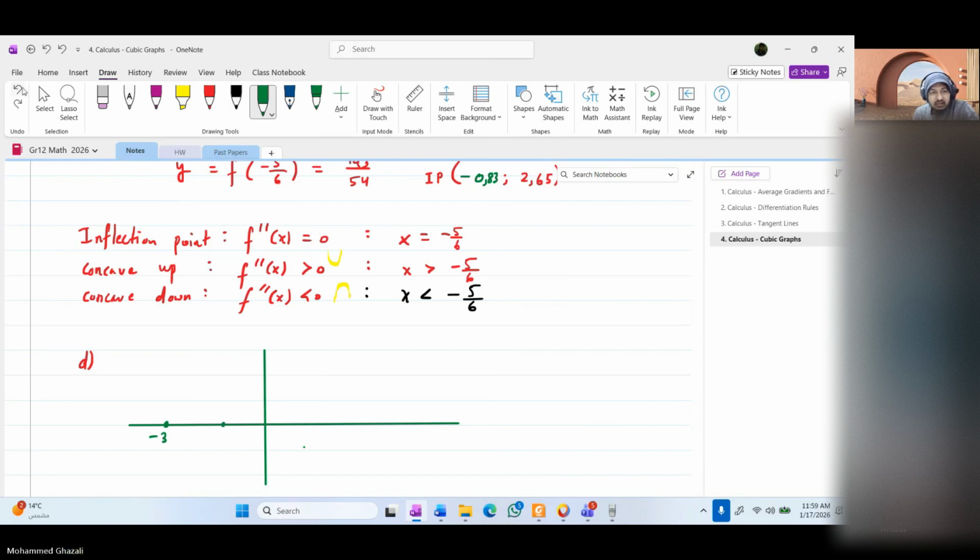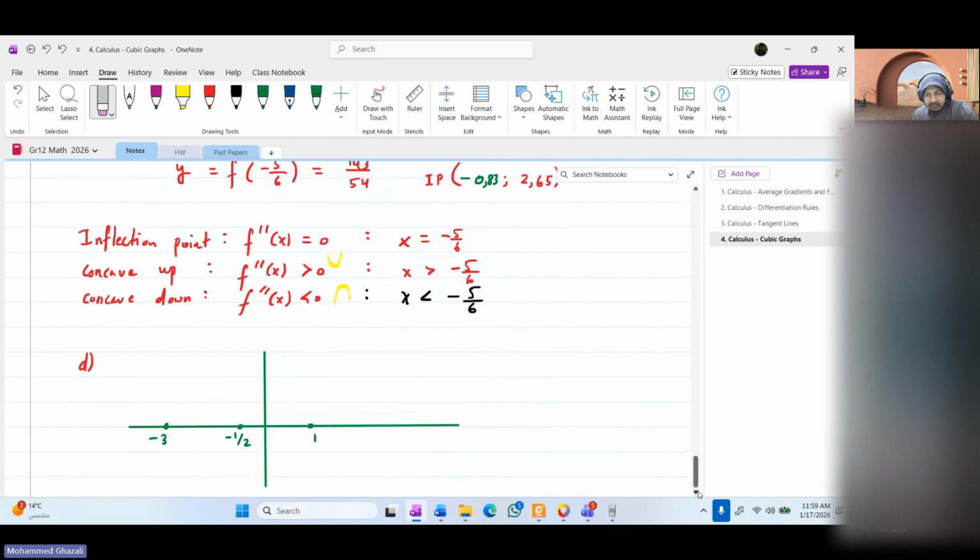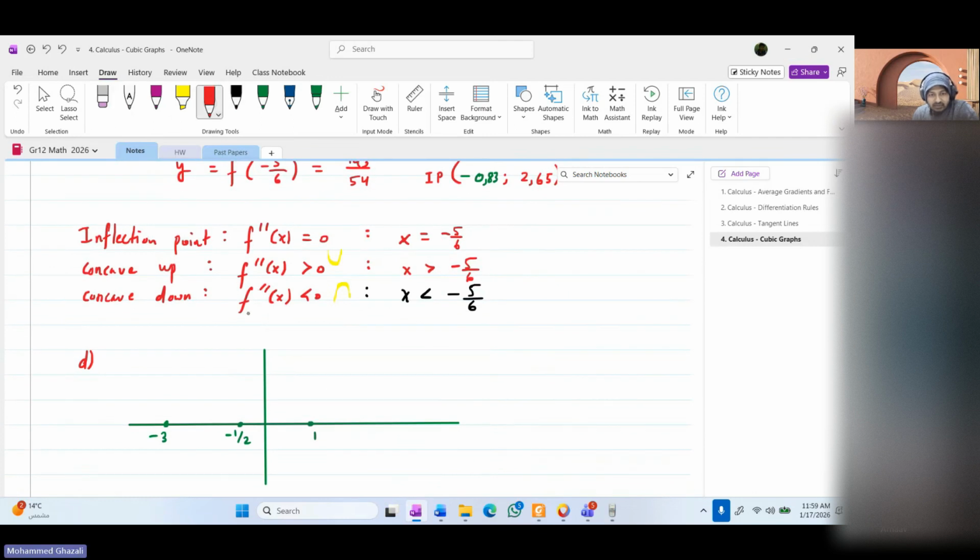Remember, the graph is not drawn to scale, please. Don't draw graphs to scale, all right? And my y-intercept was -3. I'll just go down here, right?